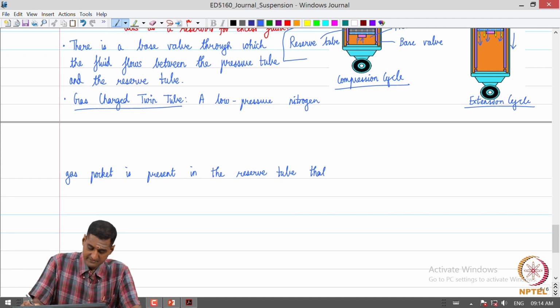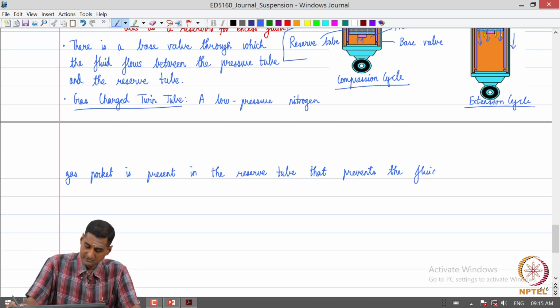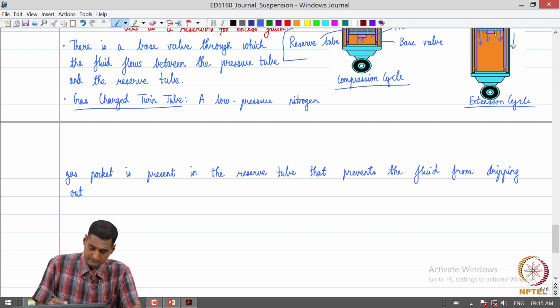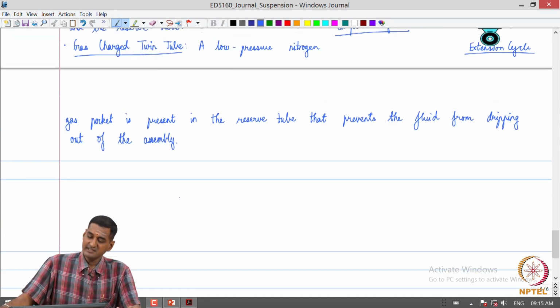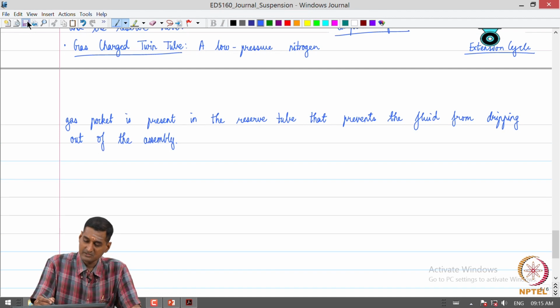That prevents the fluid from dripping or leaking out of the assembly, okay. So that is what is called a gas charged twin tube, alright. So that is the twin tube shock absorber.